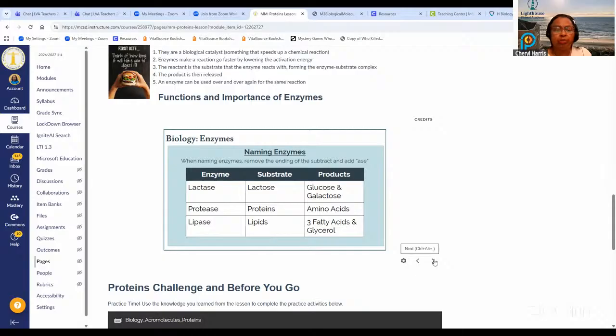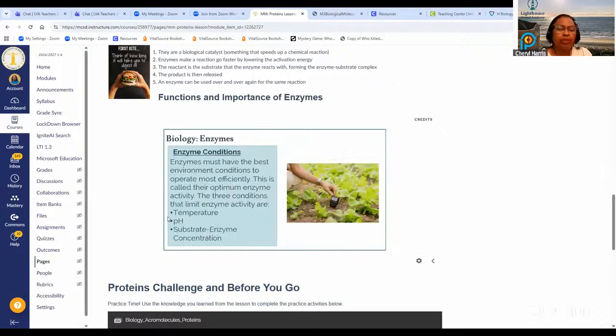Those are examples of enzymes that are specific. So we need the right temperature, we need the right pH, and we need the particular substrate that they are working with. If you put an enzyme in a solution that it's not designed to work on, then it's not going to do anything for you.